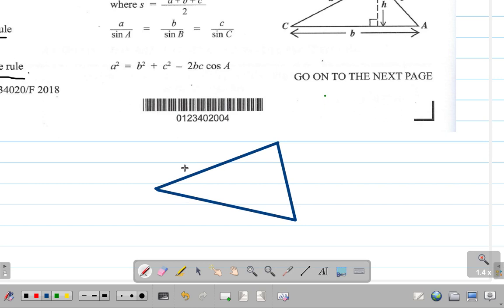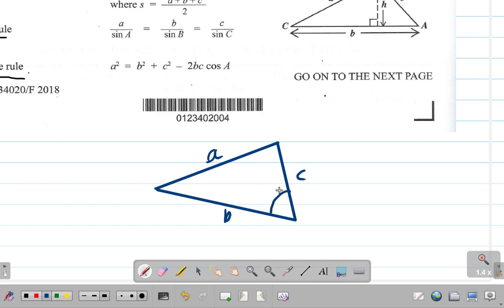If you're going to be working out this side and you call it A, this side is B, this side is C. You have this angle.